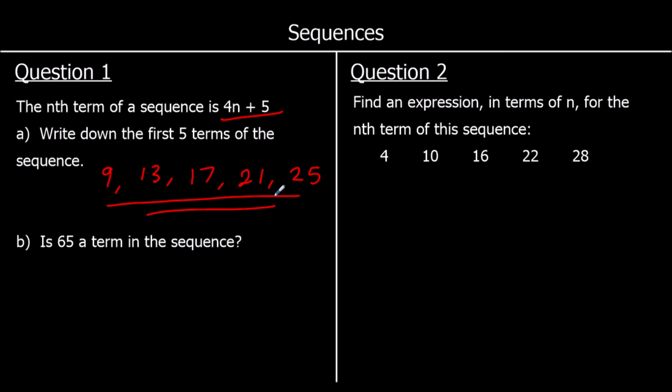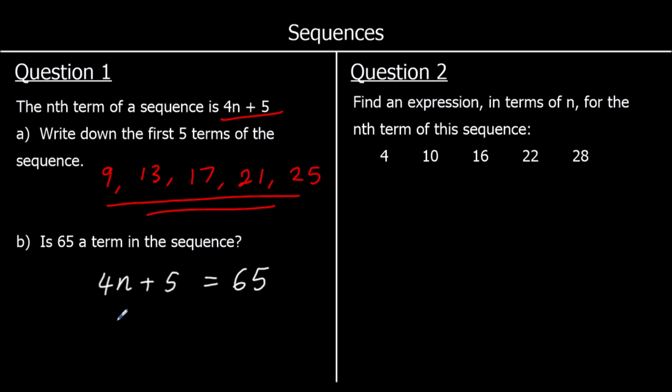Is 65 in the sequence? So if 65 was in the sequence, there will be a number for n that makes 4n plus 5 equal to 65. So if we make 4n plus 5 equal to 65 and solve it, if we get a whole number answer for n, we'll know it is in the sequence.